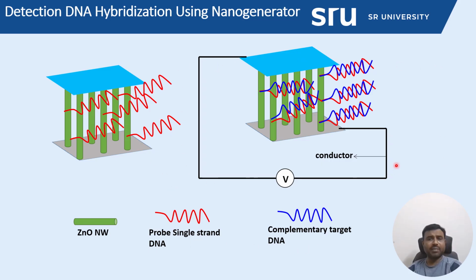So this device is effective for discriminating whether hybridization occurred or not. But for mismatches, this device has a different challenge. So we need further in-depth research to improve this device for the detection of even mismatched target DNA.